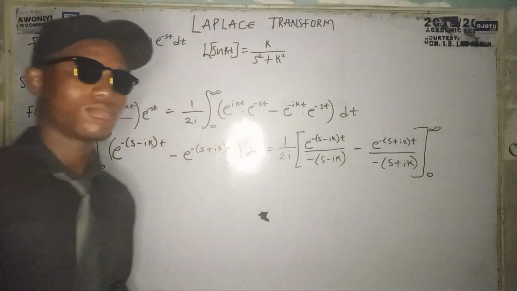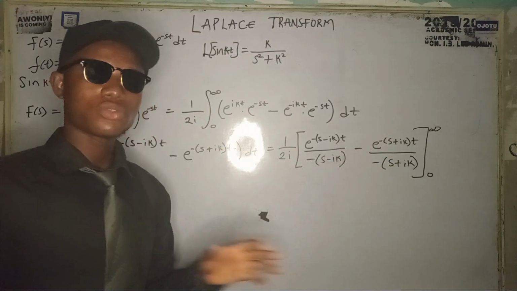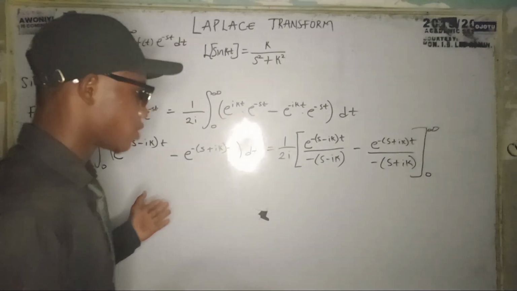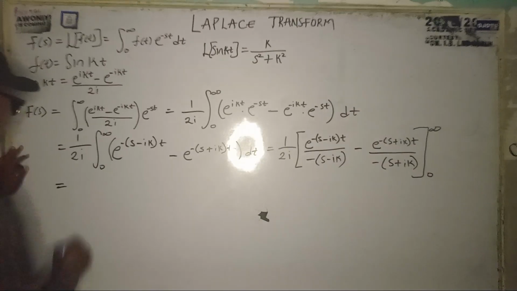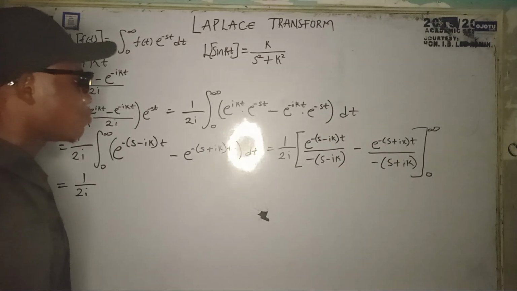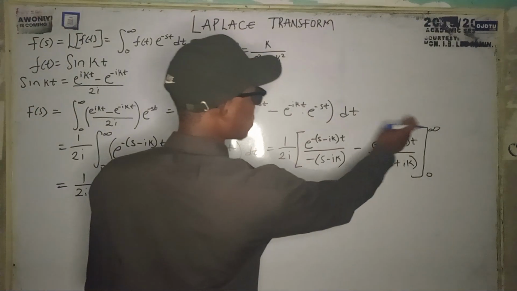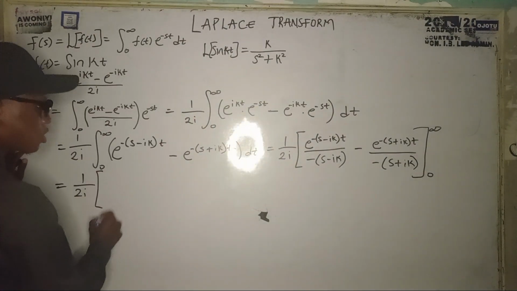What we just need to do is impute our values. We just impute our infinity and zero into t, and then we finish our integral. So continuing, we have it as equal to 1 over 2i. Then when we open, we put infinity into there, so we have a big bracket.